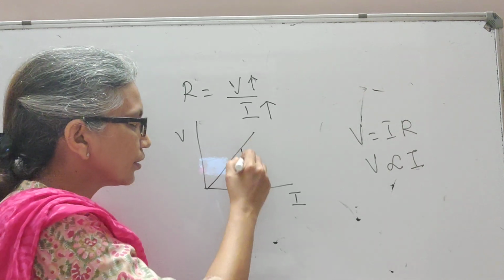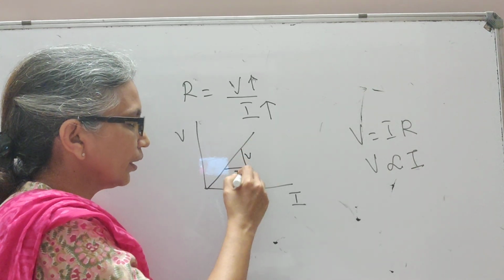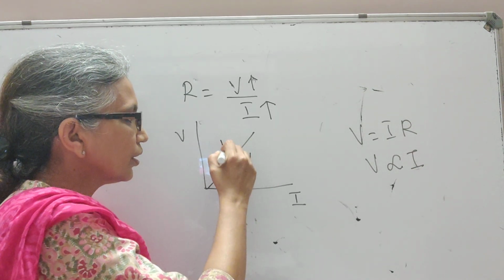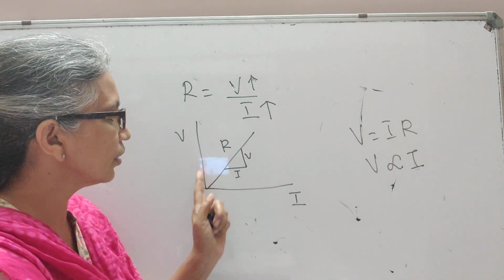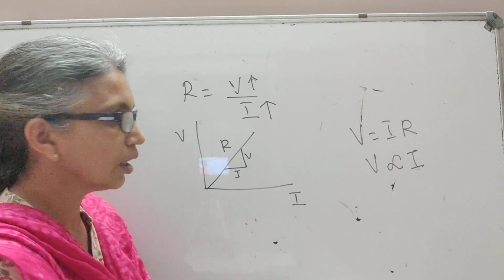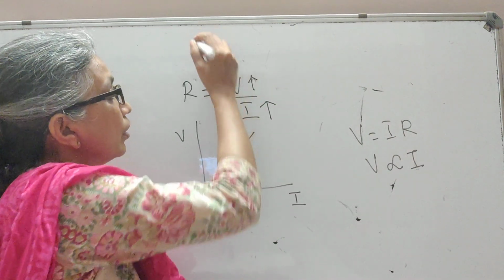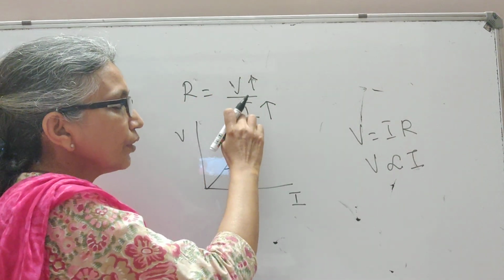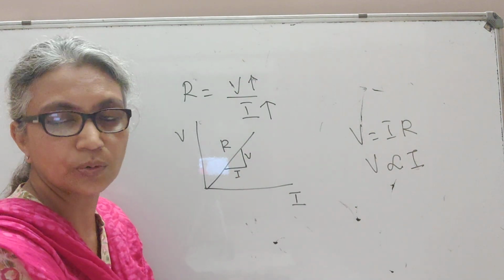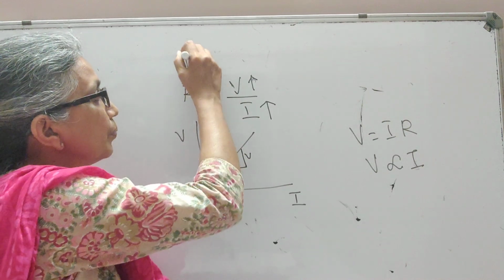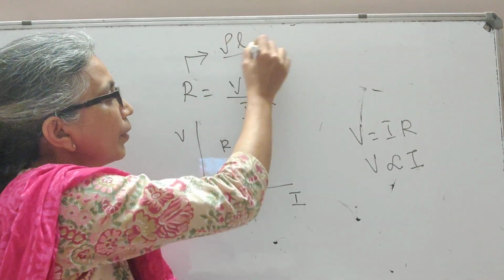Which means the slope of the graph V by I should give you the resistance R of that material. So resistance R is the slope of this VI graph. But we also know R is not dependent on V and I; if V increases, I also should increase, which will give you R. R is a constant which depends on rho L by A.